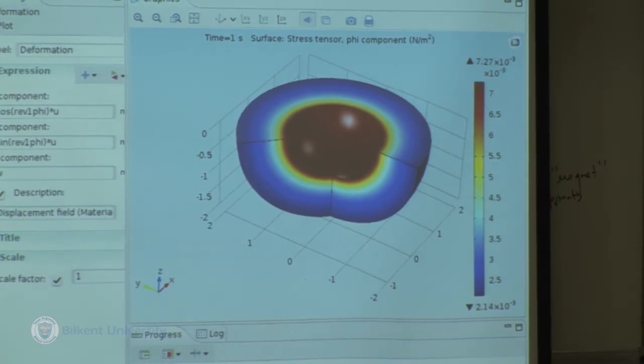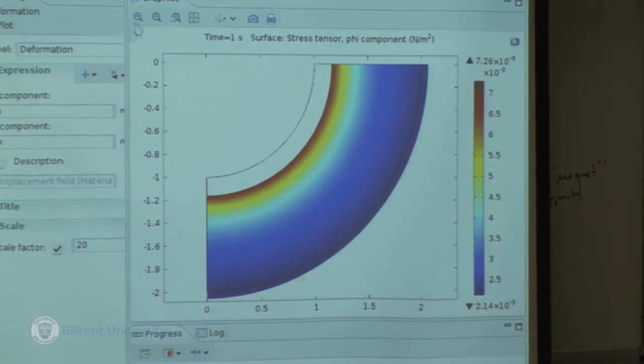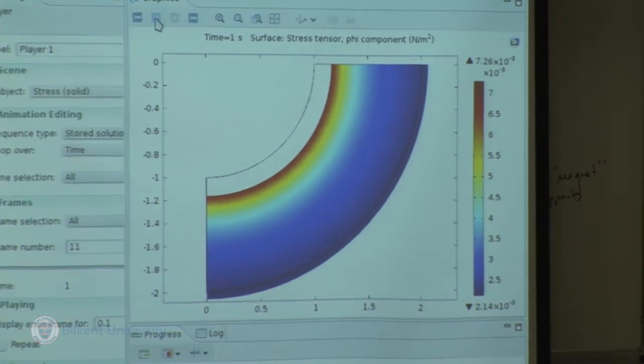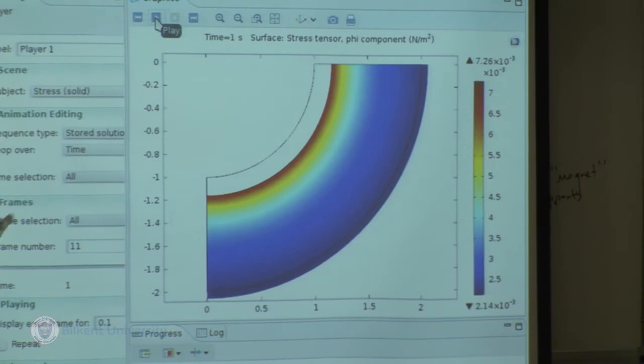So the tangential stresses are of comparable magnitude to the radial stresses, so you cannot omit either one. Here the deformations are magnified, so actually deformations are small, but now you will see the displacements. Of course, displacement on the inside is a bit larger, on the outside is smaller. All of these are things that we have actually solved for.